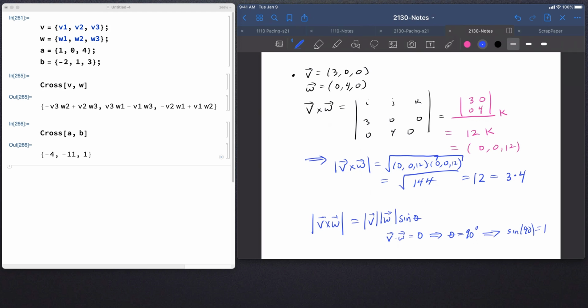So what we are finding here is that the length of the cross product is the length of the vector v, length of the vector w, which is 3 and then 4, but the sine of the angle between them is 1, and that 12 is where we're getting the area. So the magnitude of v cross w gives you the area of that parallelogram. Very important computation we just did there.